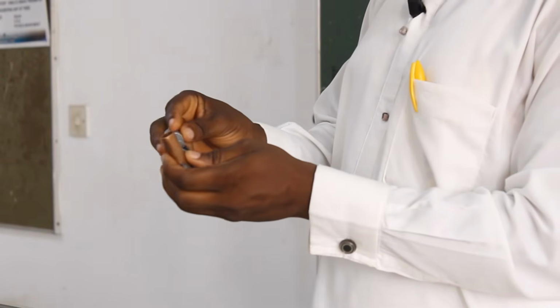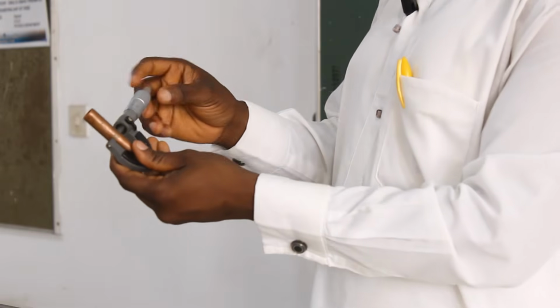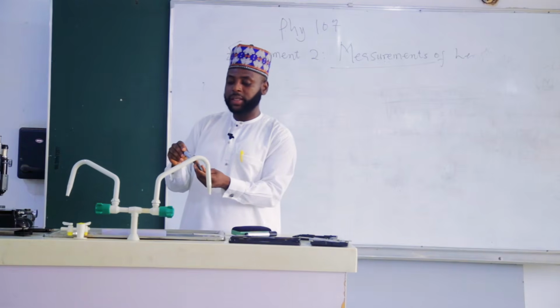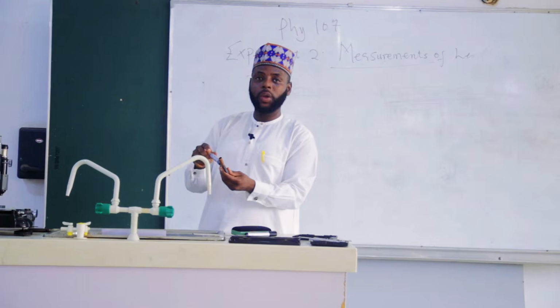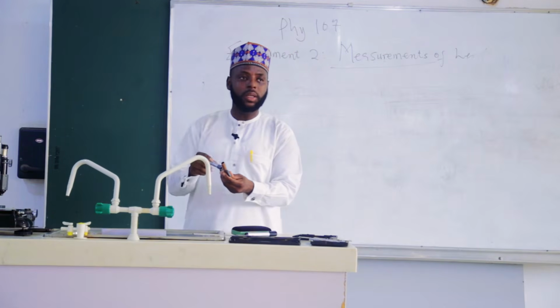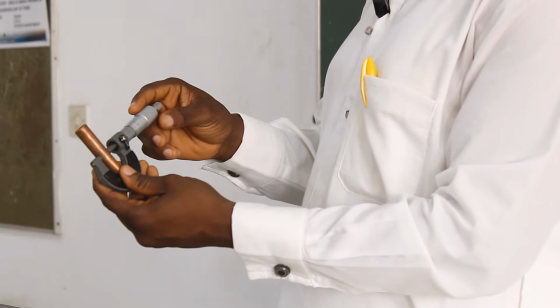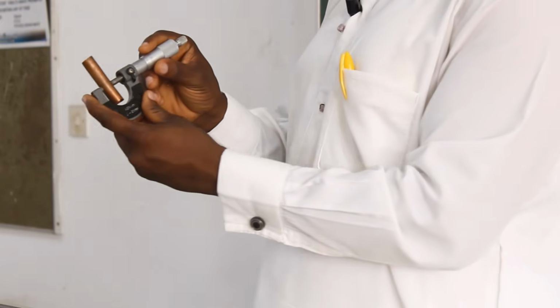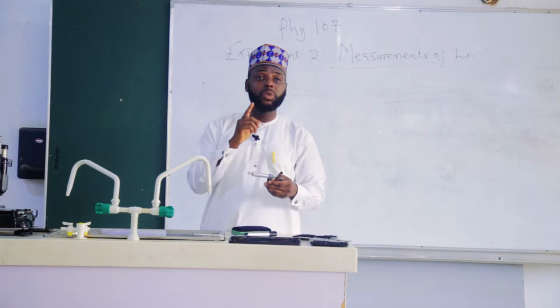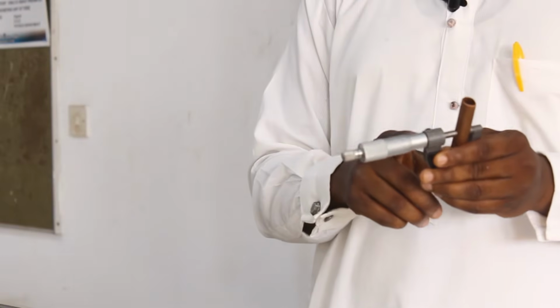So the rule of thumb is, as soon as it closes up, you turn this ratchet until you get like 3 clicks, then you stop, and you can do that consistently with other objects that you want to measure. Now that you have your object in place, you are left to take the reading on the micrometer screw gauge.